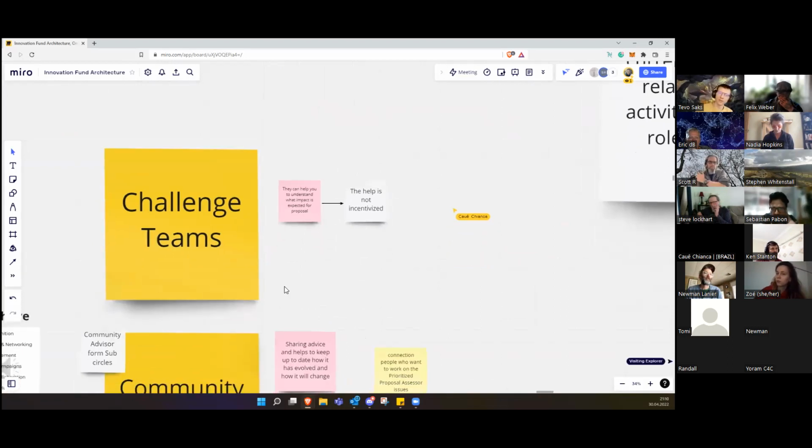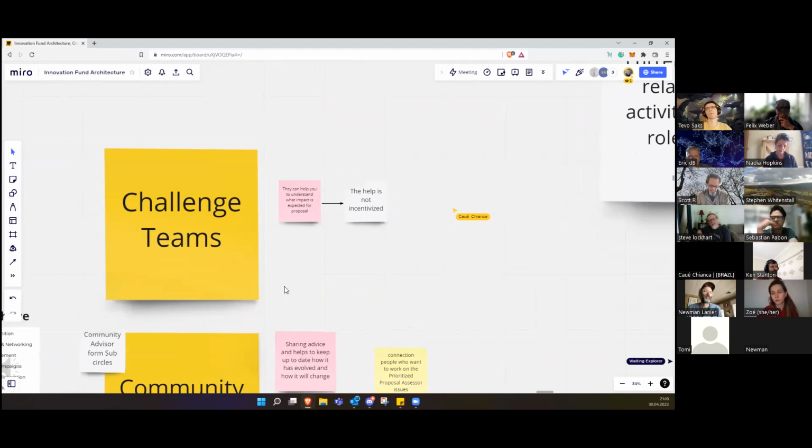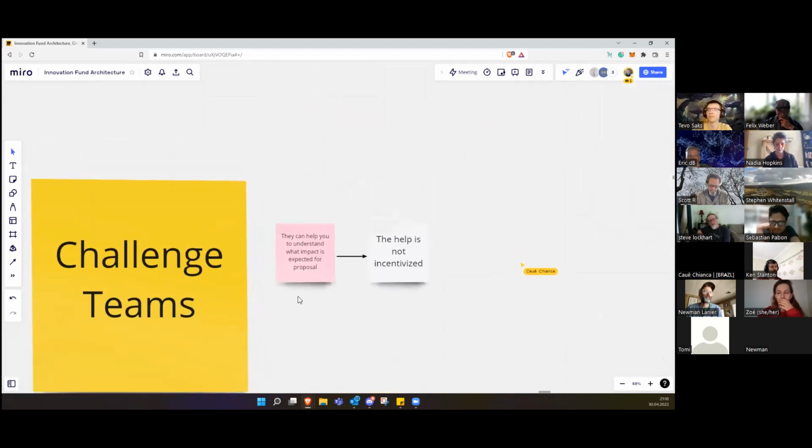I would disagree slightly. I think the only thing they do is, before the proposals are funded, the newly minted challenge teams do a presentation at town hall on the scope of the challenge. And that can add context for community advisors or proposal assessors, because the challenge teams own the scope of the challenge.